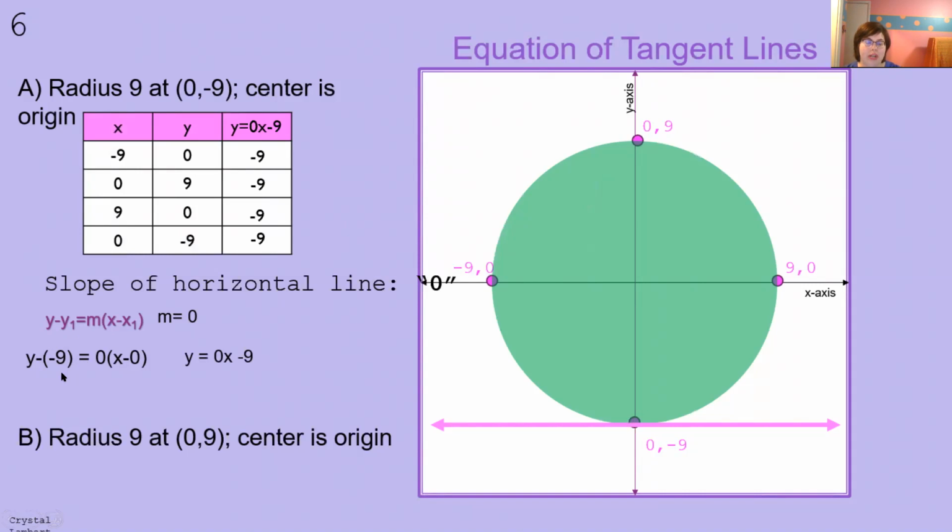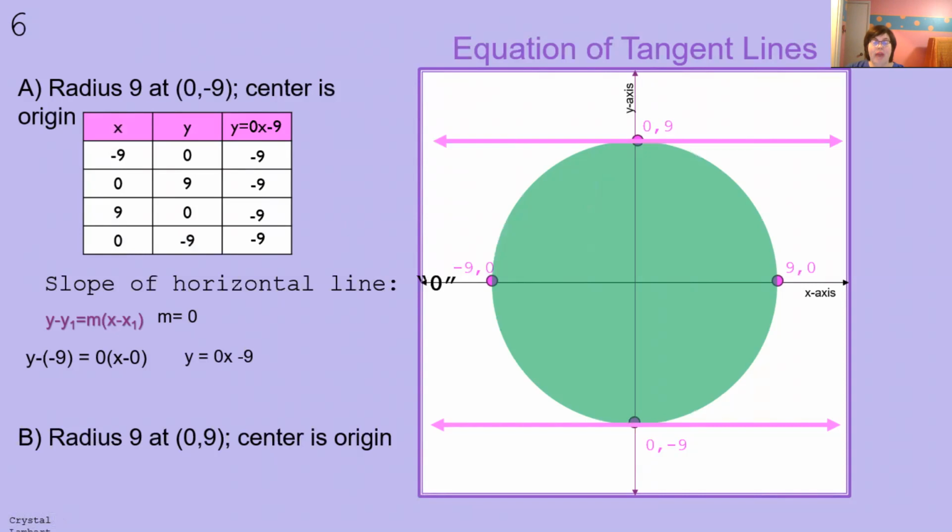Then you're going to have to add 9 to cancel out, so y can be by itself on the left, which is going to give you a +9 on the right. So for part B, our y is always equal to 9. There we go. That's the tangent line for part B.